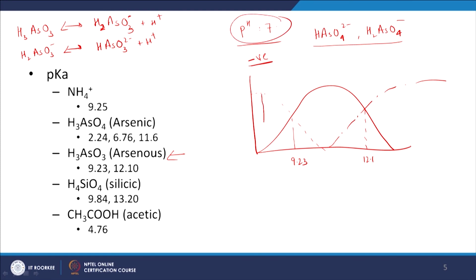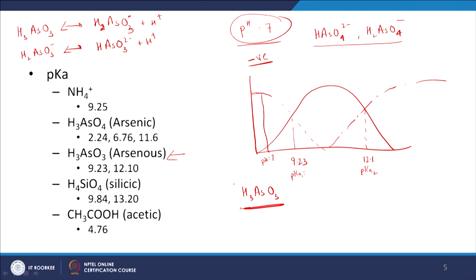So, here we are only looking at pKa 1 and 2, but for our pH of 7, that is going to be somewhere here. As we see at pH equal to 7, which form predominates now? It is the protonated form, H3AsO3, I guess, right. So, what does this mean now?